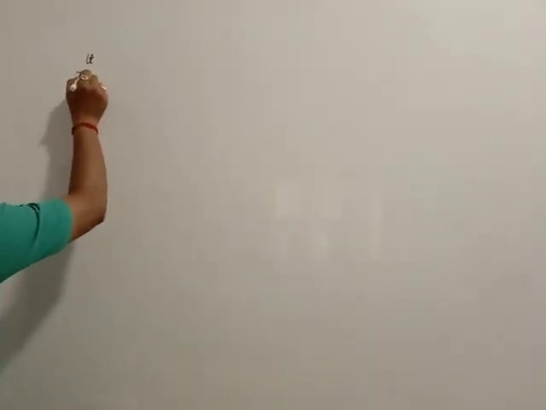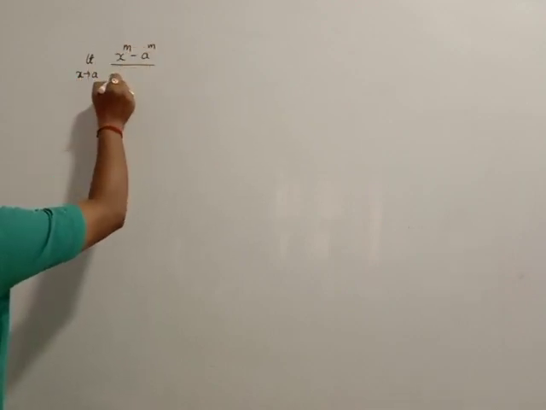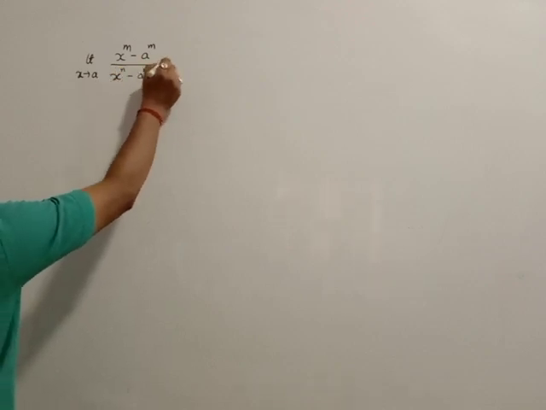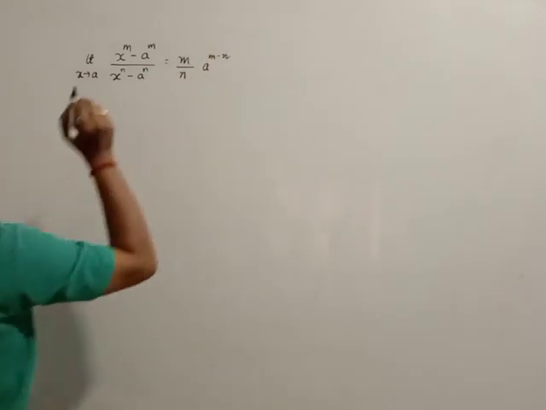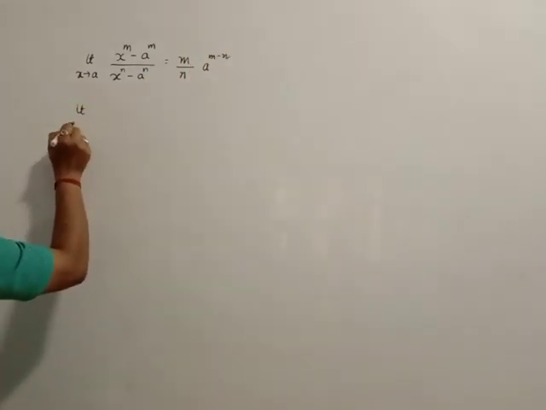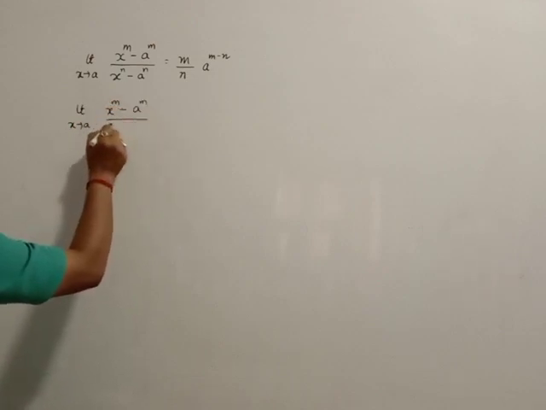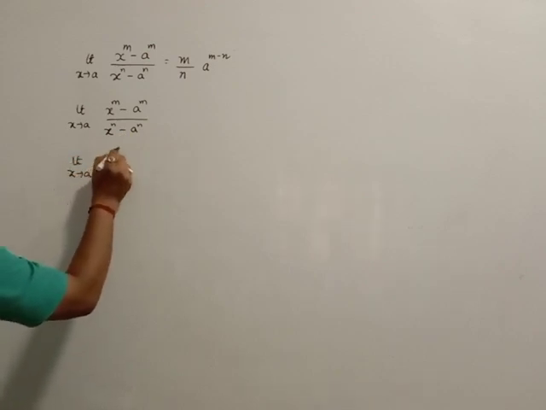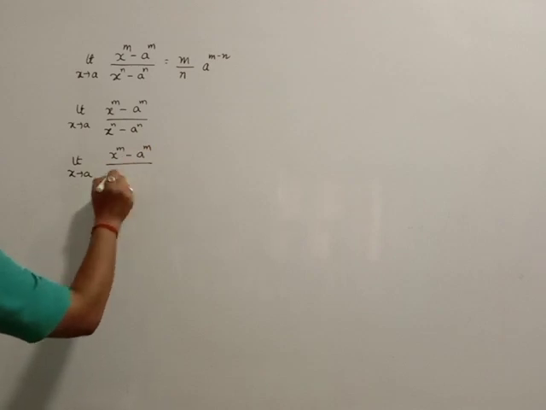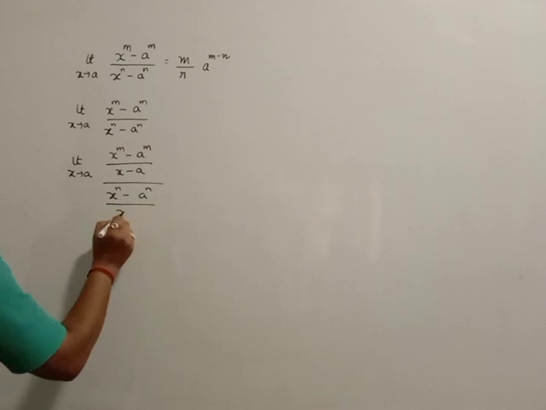from that one you can relate another formula: limit x tends to a, (x power of m minus a power of m) by (x power of n minus a power of n), is equal to m by n into a power of m minus n. So how did it come about? The limit x tends to a of (x power of m minus a power of m) by (x power of n minus a power of n) can be written as limit x tends to a, (x power of m minus a power of m) by (x minus a), divided by (x power of n minus a power of n) by (x minus a).